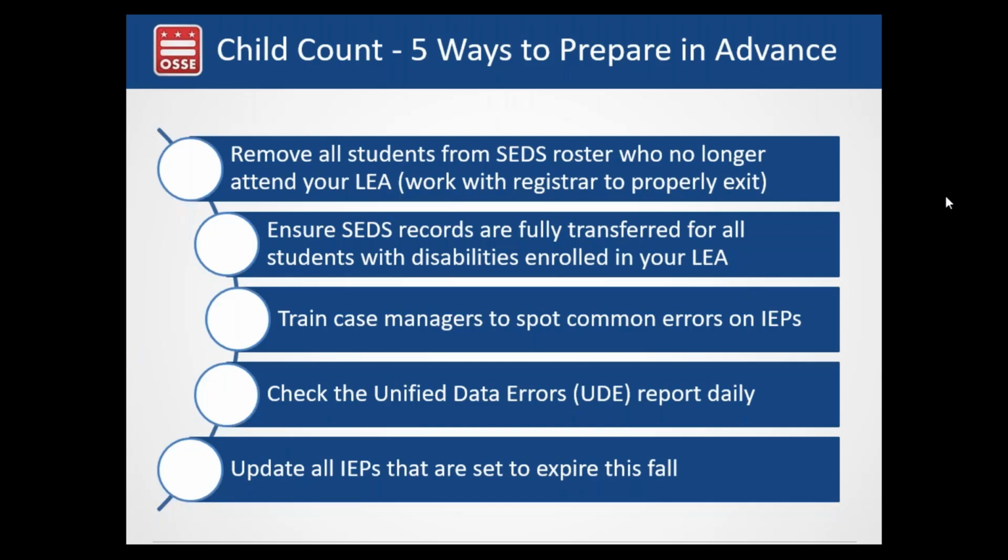Also, train your case managers to spot common errors on IEPs, which we will talk about in just a little bit. Check the UDE, the Unified Data Errors Report, daily. And also update all IEPs that are set to expire this fall. Those are some ways for you to prepare in advance for child count.